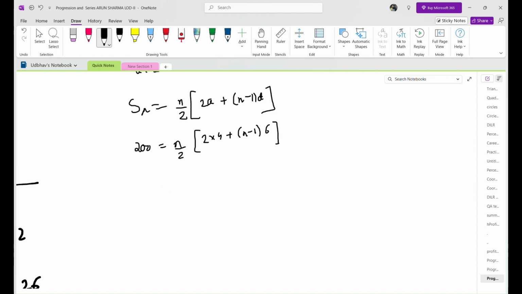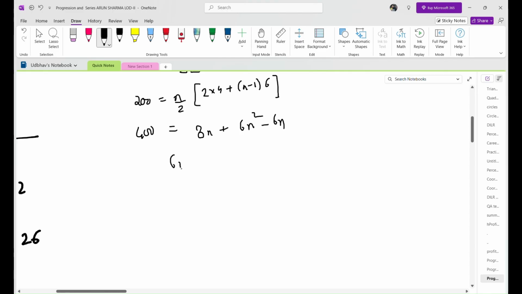We can take this to here. 400 equals 8n plus 6n square minus 6n, and so 6n square plus 2n minus 400 equals 0. So we got n as minus 25 upon 3 and 8.